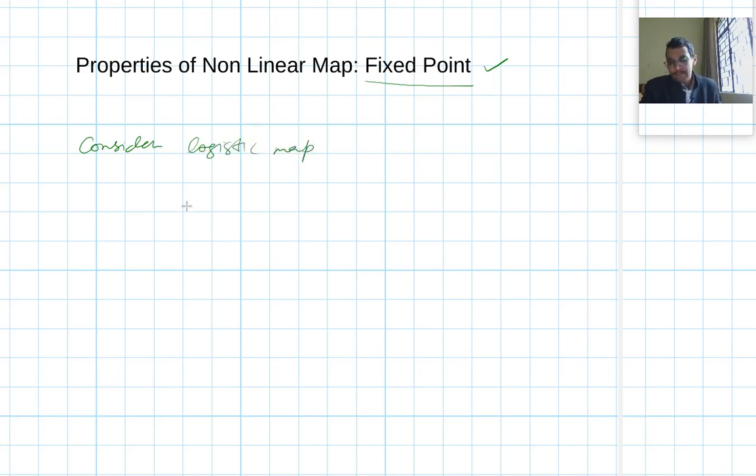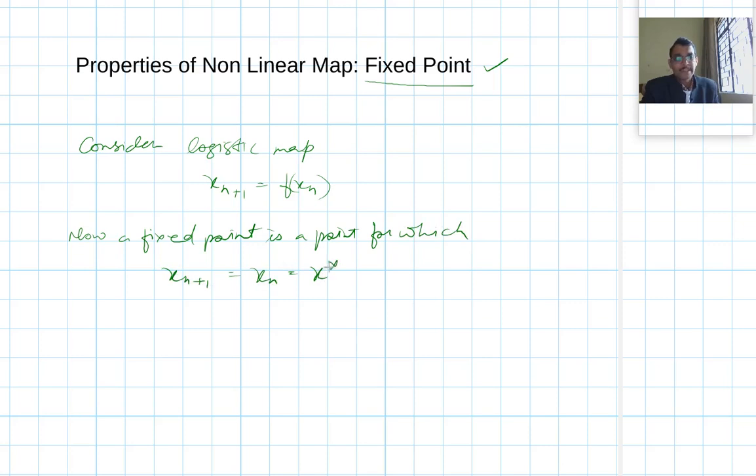The logistic map is represented by x_{n+1} = f(x_n). Now a fixed point is a point for which x_{n+1} = x_n, which is equal to x*, and it is a function of x*, f(x*). So this condition is satisfied by the fixed points.